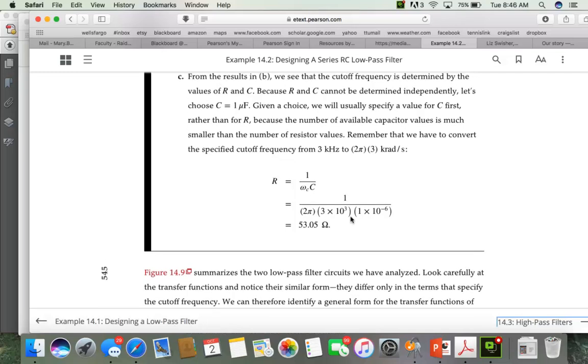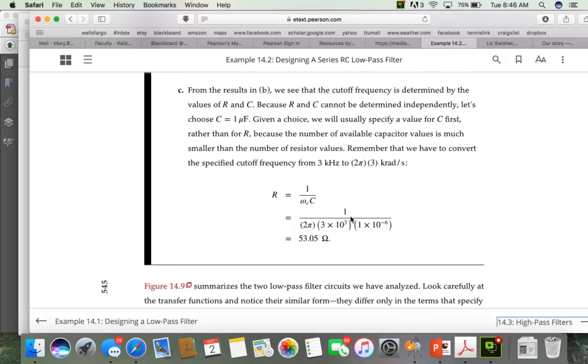So once again, if you're asked to find a filter with a specific cutoff frequency, in this example, you were requested to find a filter with a cutoff frequency of 3 kilohertz. The first thing we would do is take 3 kilohertz and multiply that by 2 pi so that we get that in radians per second.